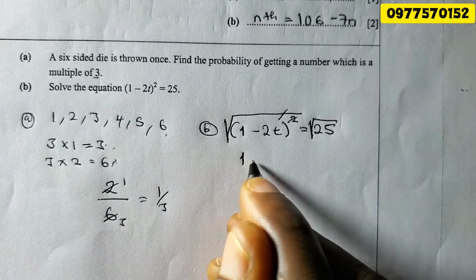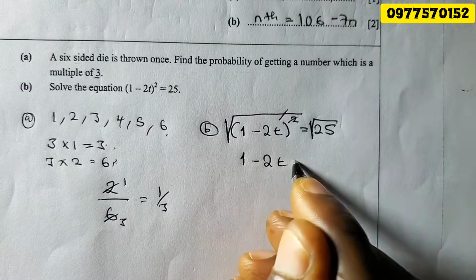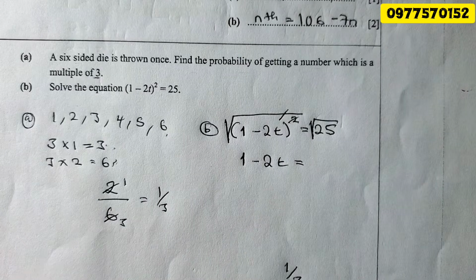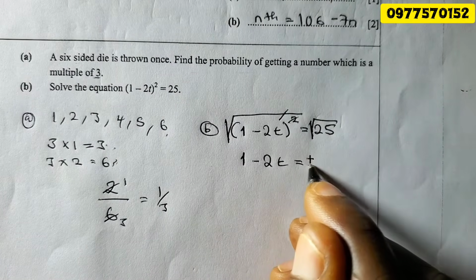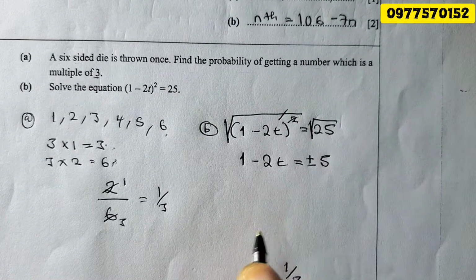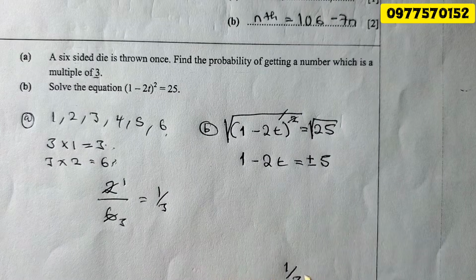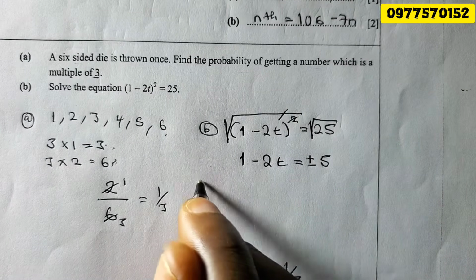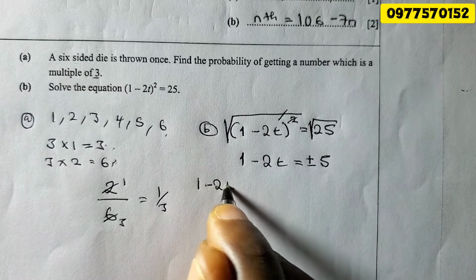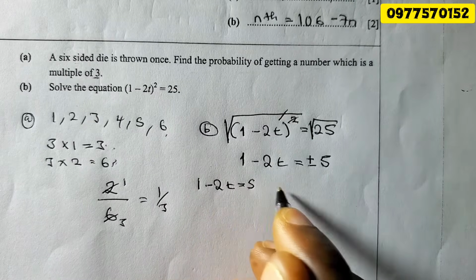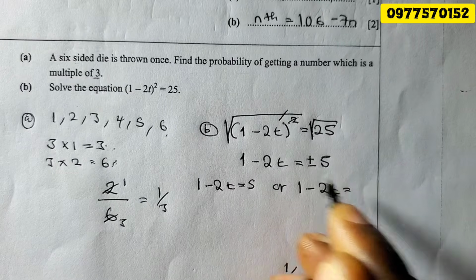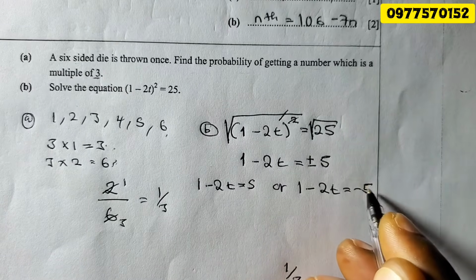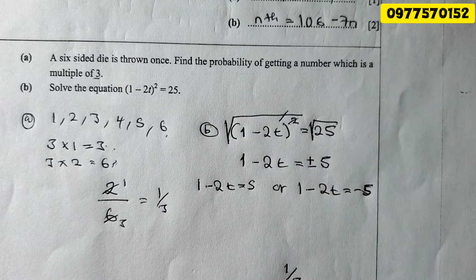We're going to remain with 1 minus 2t is equal to, what is the square root of 25? The square root of 25 can be either positive 5 or negative 5. So now we can separate. We have 1 minus 2t is equal to positive 5, or 1 minus 2t is equal to negative 5. Are we together, friends?